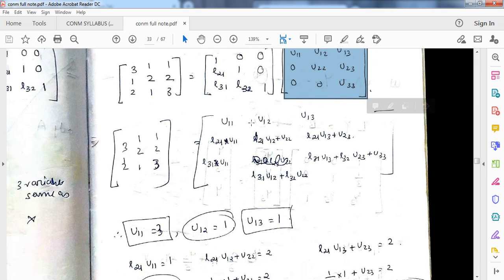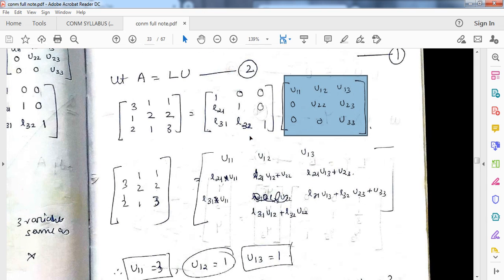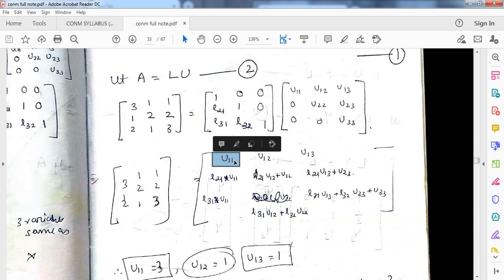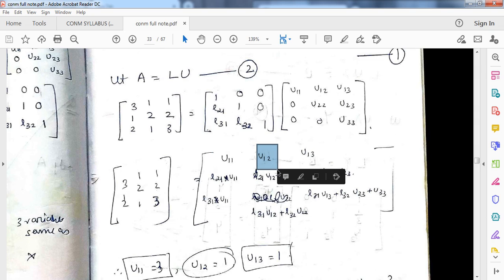How to do so? Just multiply it. For the first value, how to calculate it? This value can be calculated by 1 into U11 plus 0 into 0 plus 0 into 0, so I get U11. How to find U12? 1 into U12, 0 into U22, 0 into 0.